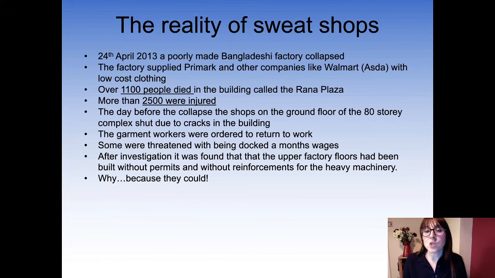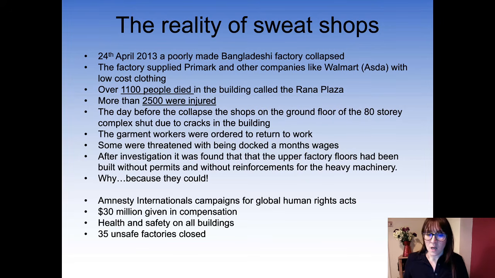But the workers in the sweatshop were forced to keep working, and they were told that they would lose their jobs, that their wages would get docked if they did not come to work. And so when the Rana Plaza actually collapsed, because it was going to collapse as the structure was not safe, 1,100 people died and 2,500 were injured.